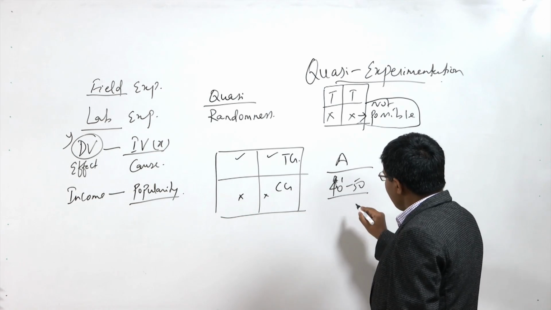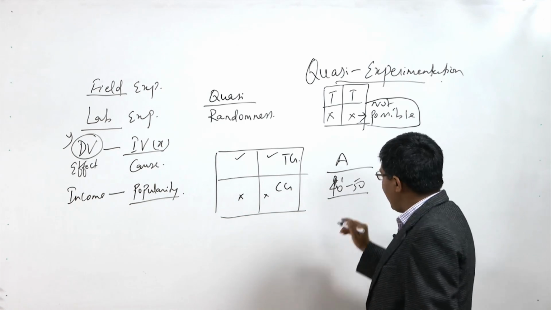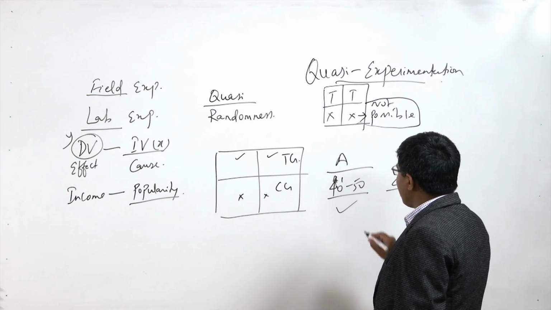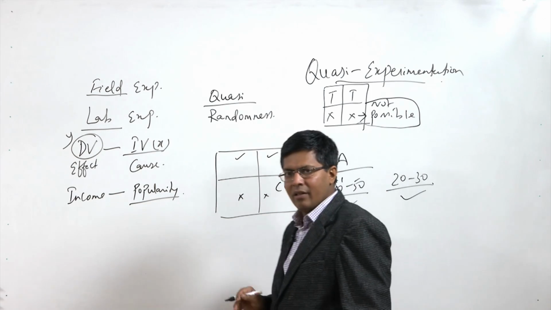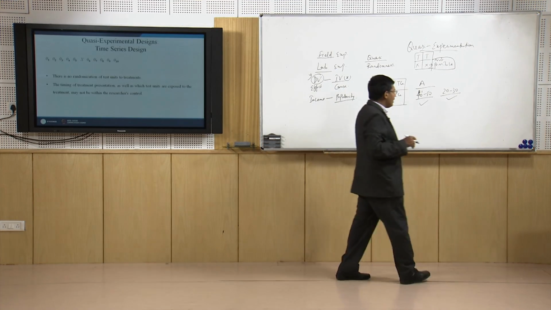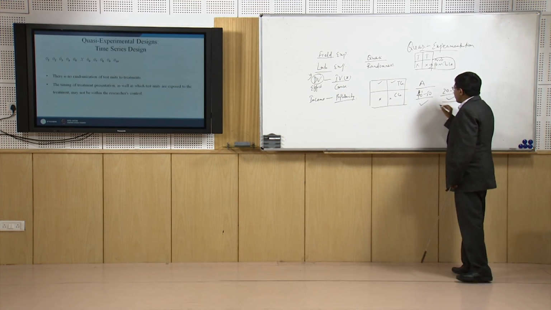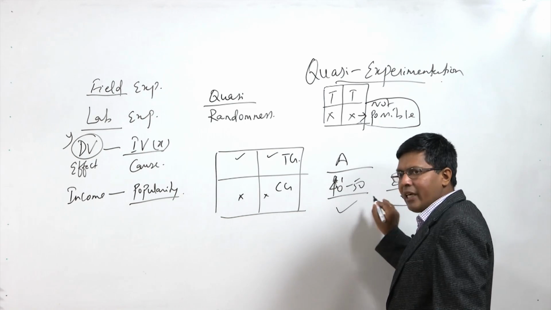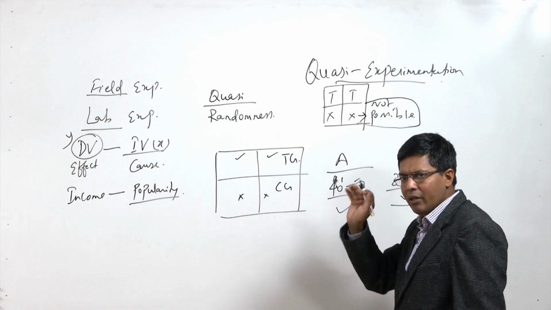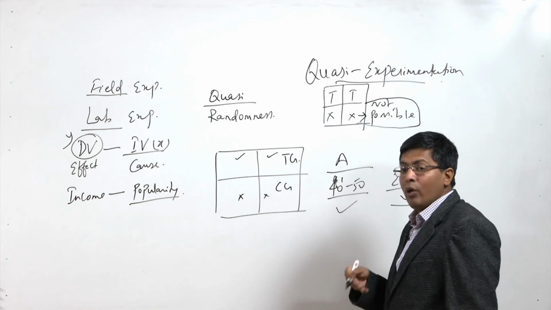The problem with such studies is that the 40 to 50 group and the 20 to 30 group are two different people. Please understand this. Although we are saying they differ by age, their characteristics might be entirely different, but we do not have an option.